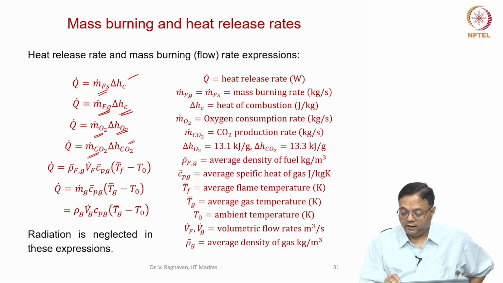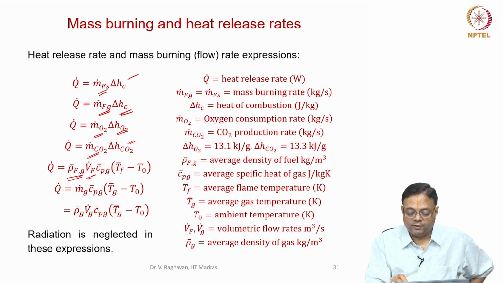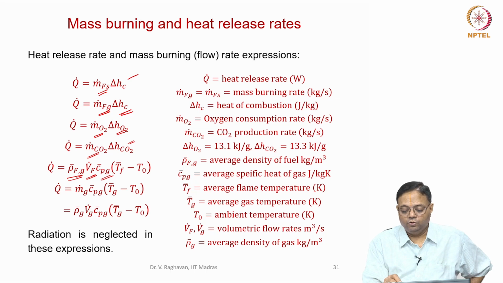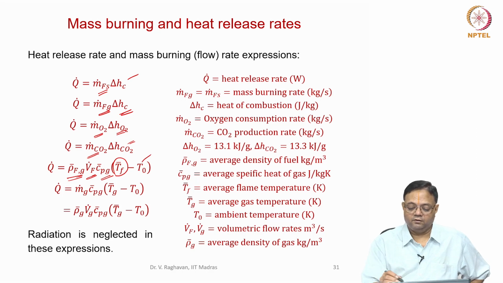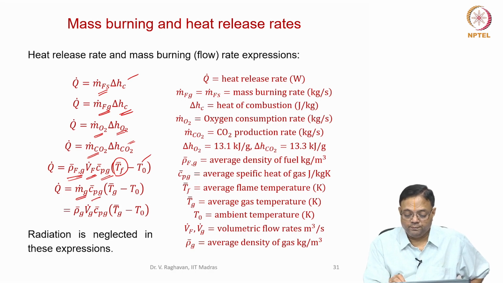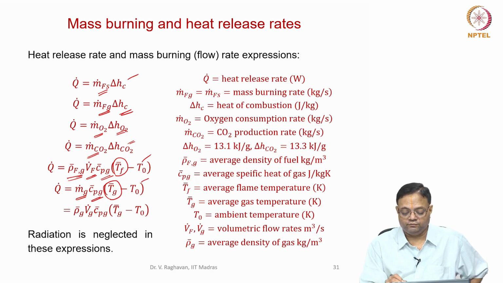Then here, average density of the fuel into volumetric rate of the fuel into Cpg into average flame temperature minus T0. T0 is the initial or ambient temperature. Similarly, mass of the product gases coming out, Cpg into average gas temperature. So, here you can see flame temperature is used, this is gas temperature minus T0.